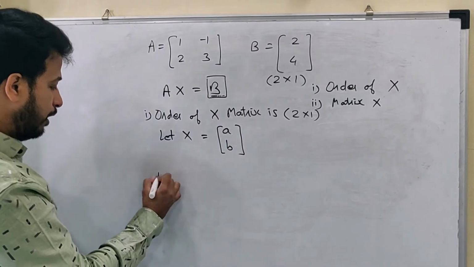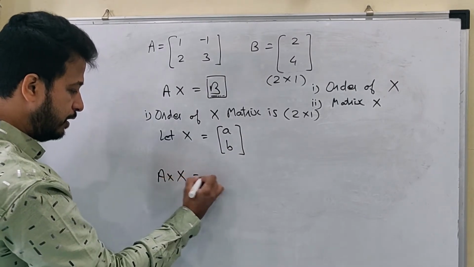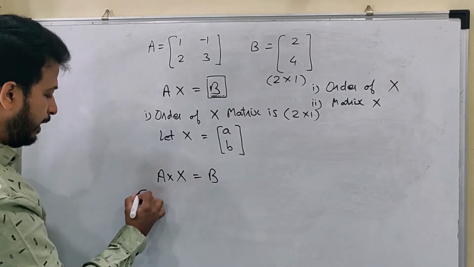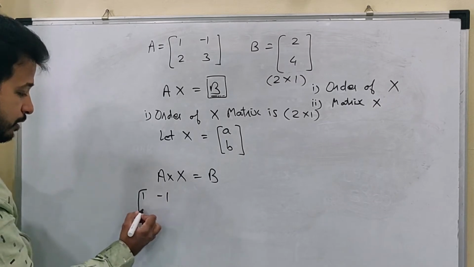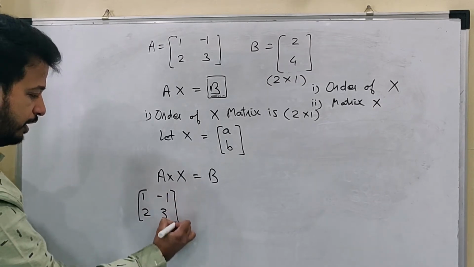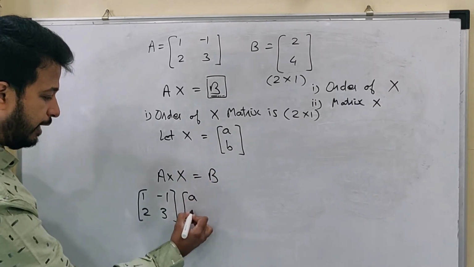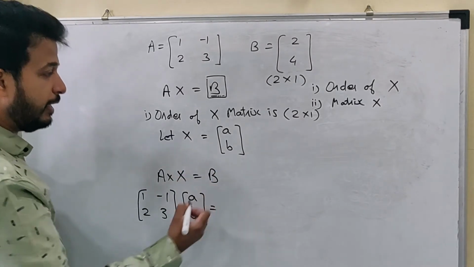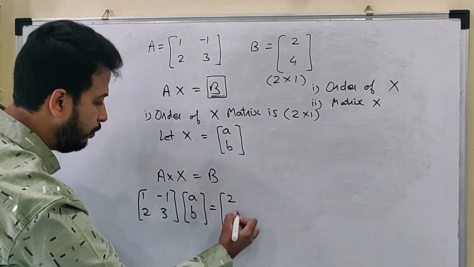So here AX is equal to B. So my A matrix is 1, -1, 2, 3, and my X matrix is A and B is equal to, your B matrix is 2, 4.